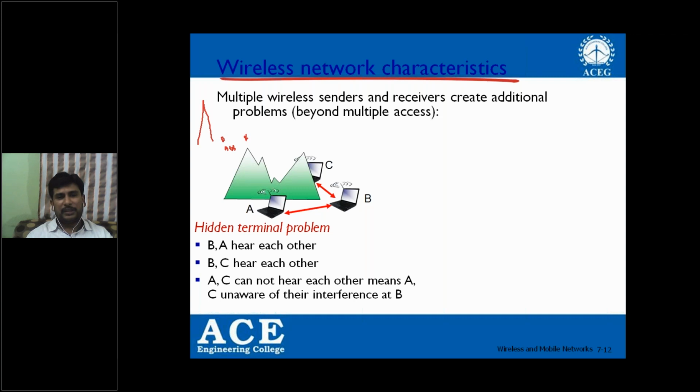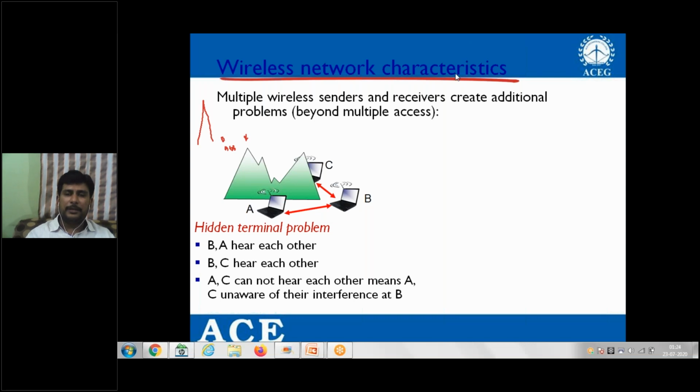Now look at this particular example which you can see on the screen. Here you have three devices called A, B and C. A is visible to B, C is visible to B, but A and C are not visible to each other. So when they are not visible to each other, they don't know whether the other device is communicating with B or not.